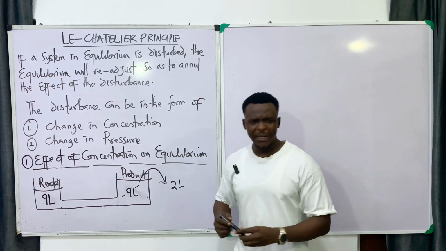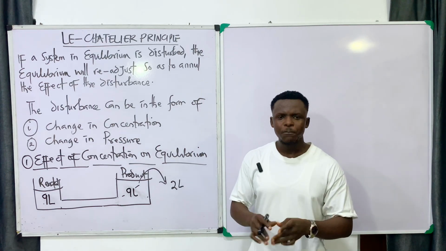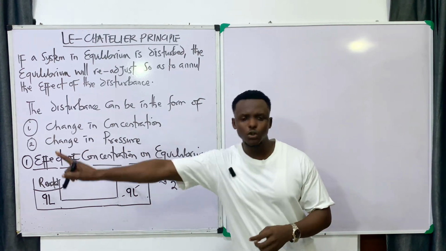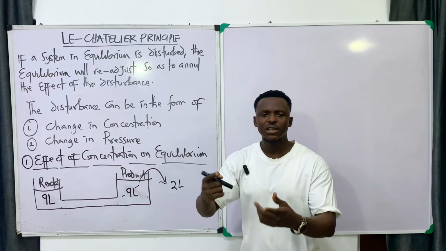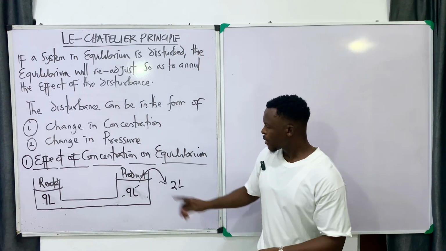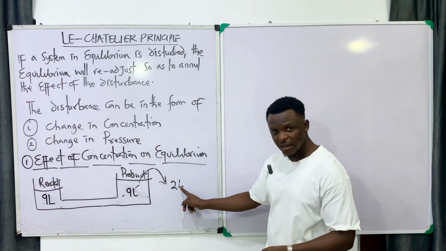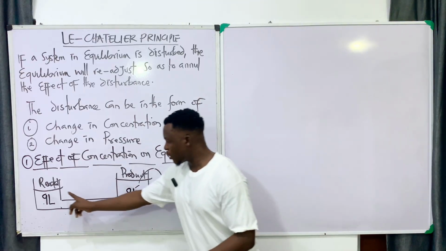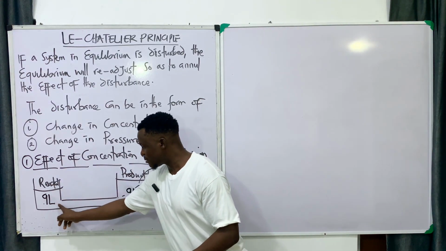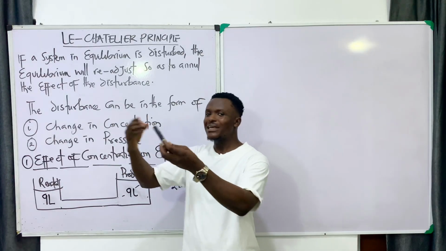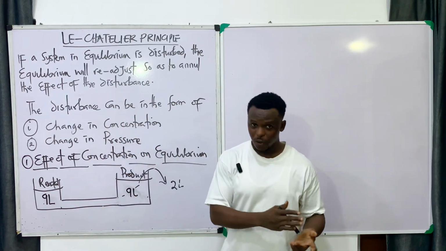By so doing, a new equilibrium has been established, right? But that is not where I'm heading to. Where I'm heading to is, which direction did the water flow towards to replenish the one that was taken off? Class, the water was taken out from here, all right? Now, water flowed from the left coming to the right to stabilize the equilibrium that was disturbed.